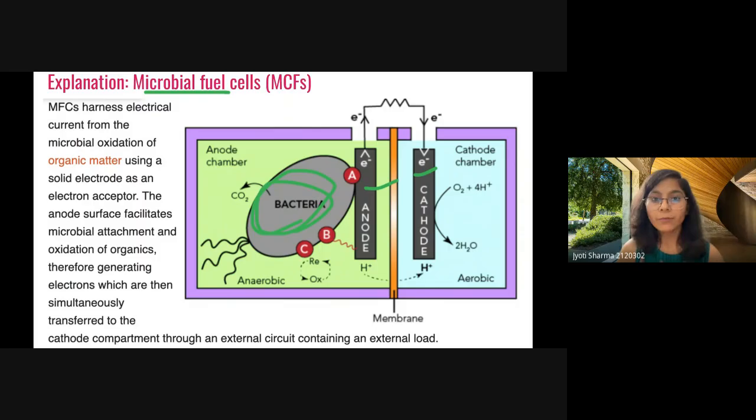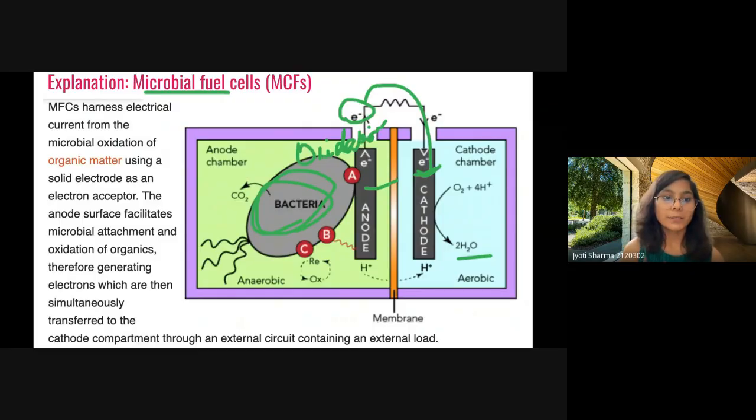Here we will have the oxidation. At the anode we do have oxidation, and this oxidation will lose the electrons. Can you see these electrons? This will transfer electrons from anode to cathode, and this is how it will produce water and all.